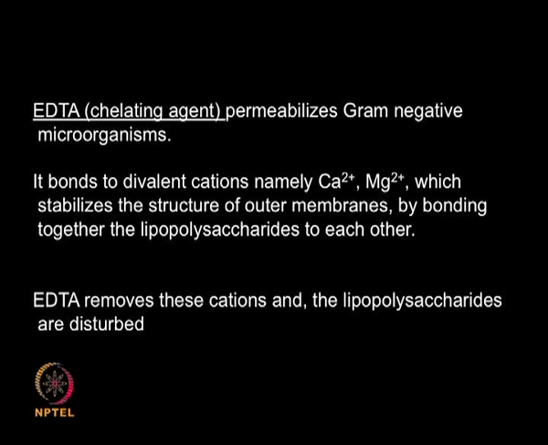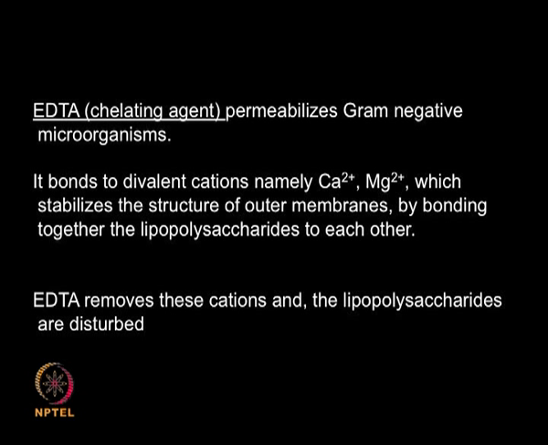EDTA is a very common permeabilizer. It is a chelating agent, and it is very good for gram negative organisms. What it does is it binds to divalent cations like calcium and magnesium. These calcium and magnesium are present on the cell surface and stabilize the structure of the cell surface, especially the outer membrane. They bond various lipopolysaccharides together.